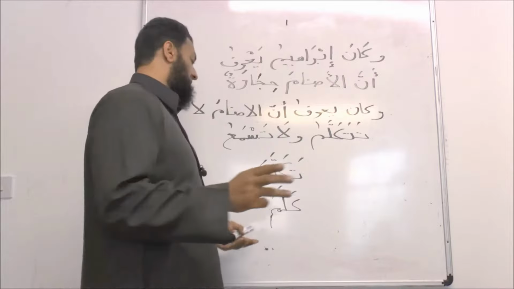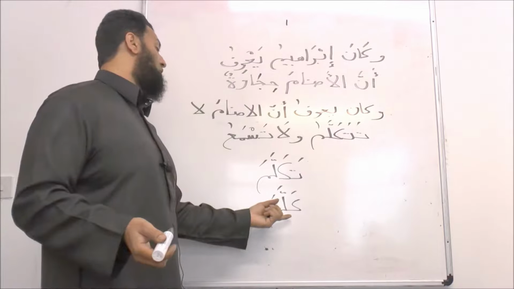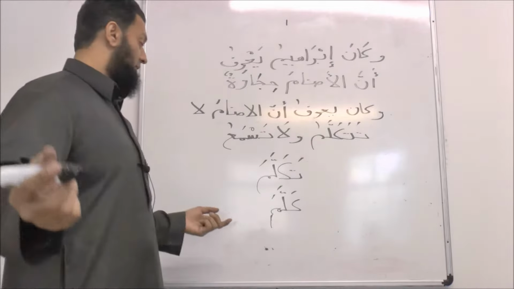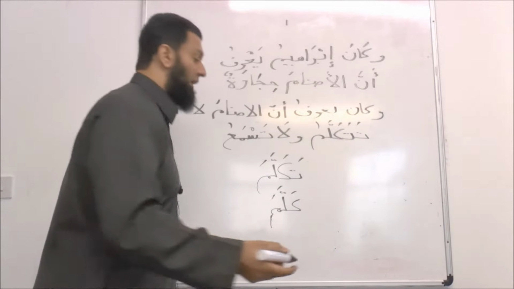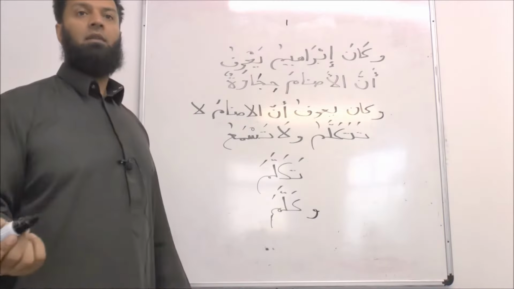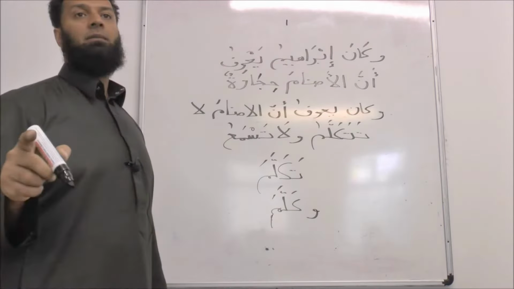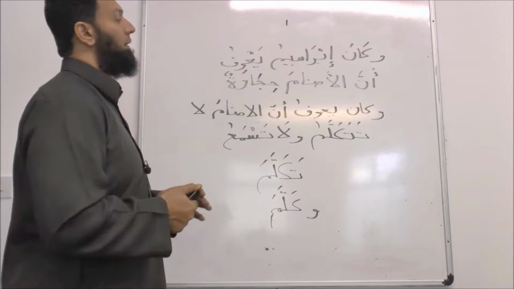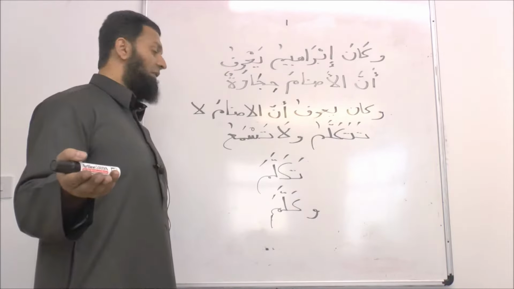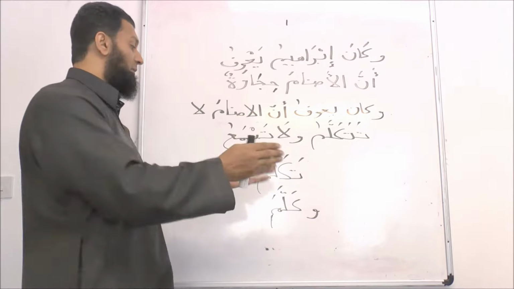But what's the difference? Where do we know كلم from? Which ayah? وَكَلَّمَ اللَّهُ. How do we say Allah spoke to Musa in Arabic?